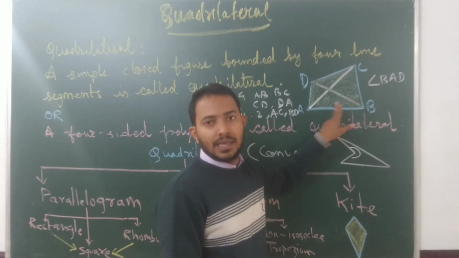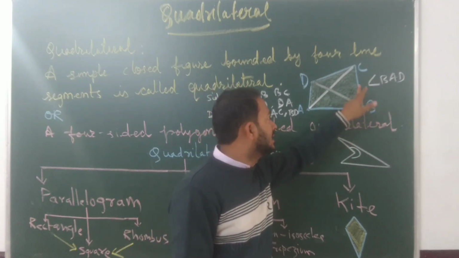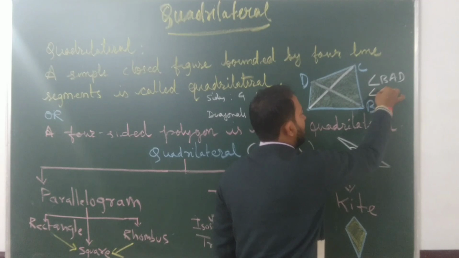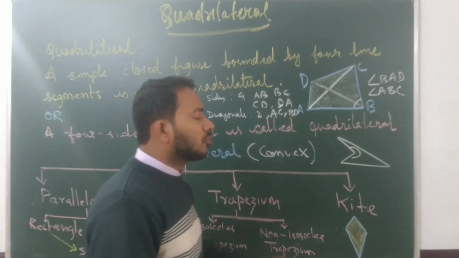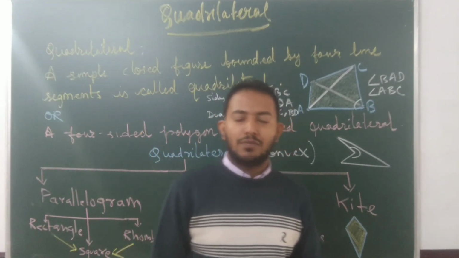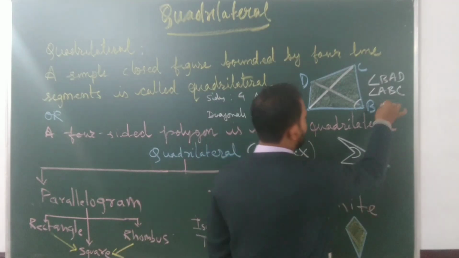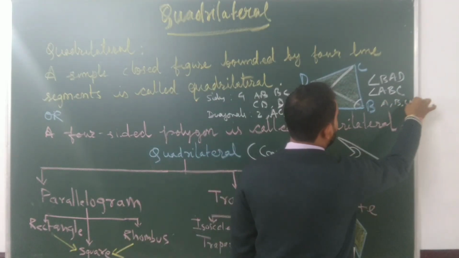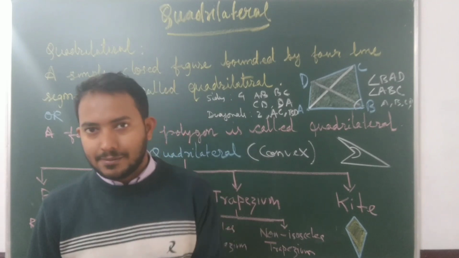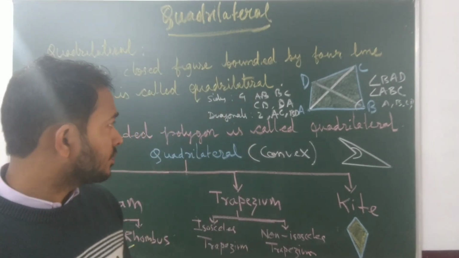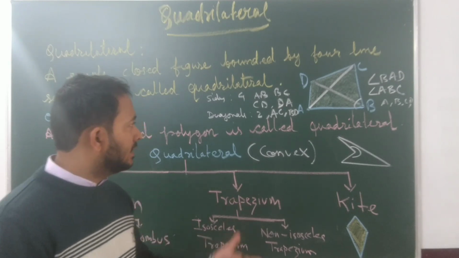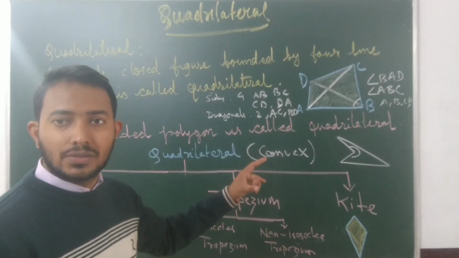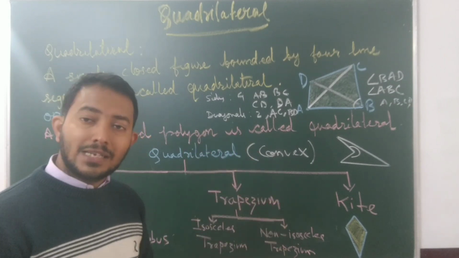So for this one, the symbol will be angle ABC. There are 4 angles and 4 vertices. How are we going to represent vertices? Just simply take the alphabets A, B, C, D. There are 4 vertices. So that is 4 sides, 4 vertices, 4 angles, and 2 diagonals.